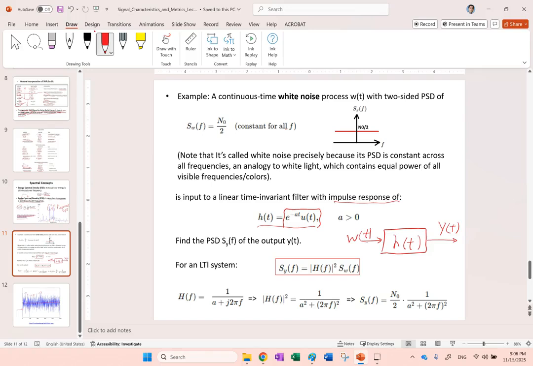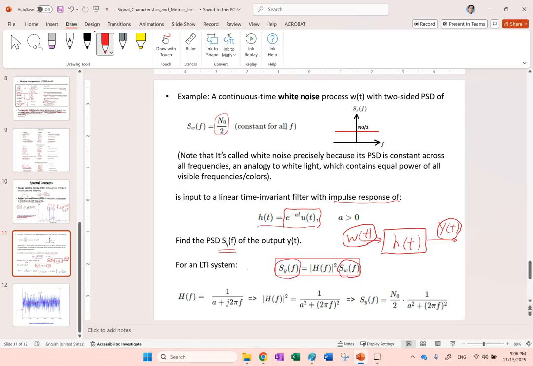Good. Now, if I know that this input is white noise and its power spectral density is n over 2, I want to know what is the power spectral density for the output of the system. So if S_W is constant n over 2, what is S_Y?